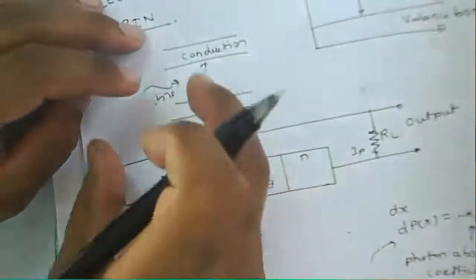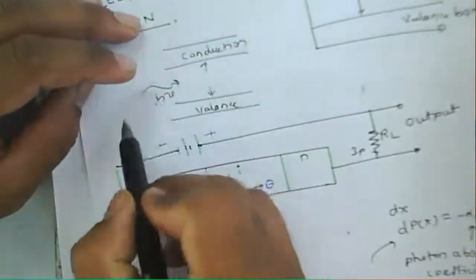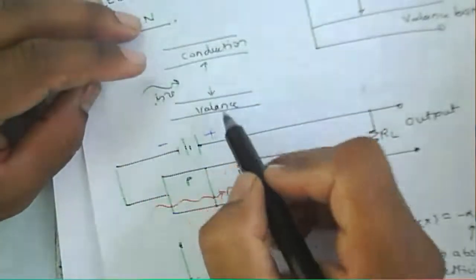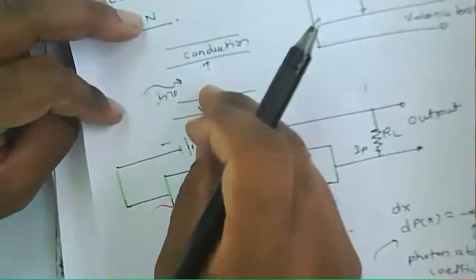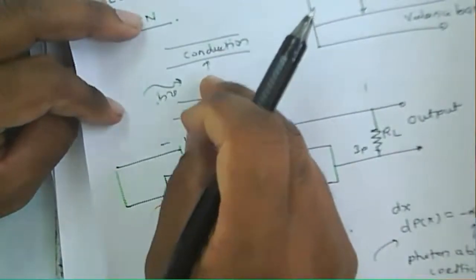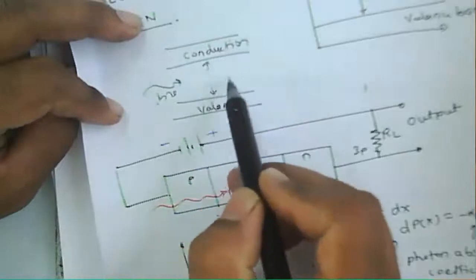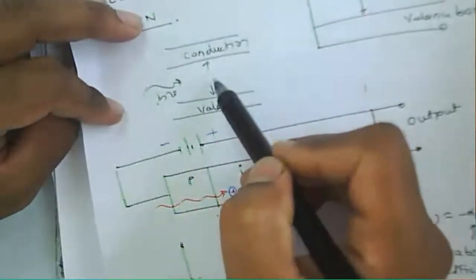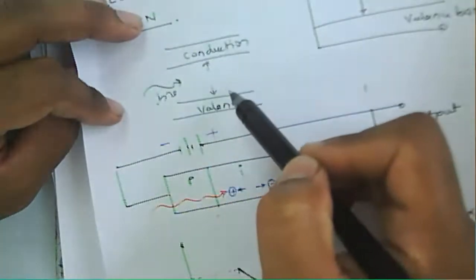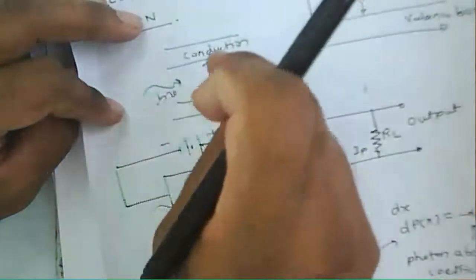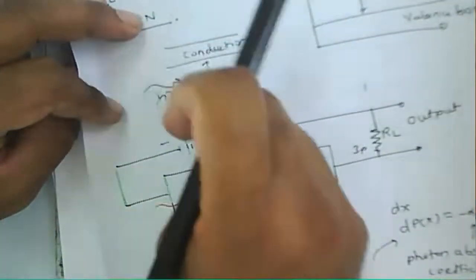Similarly, if the wavelength is shorter, whatever electron-hole pairs are generated, the recombination time required will be very short, and the electron and hole pairs generated will be collected at the photodetector, at this particular surface.